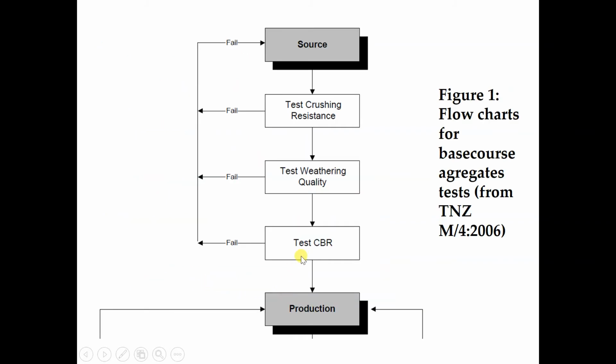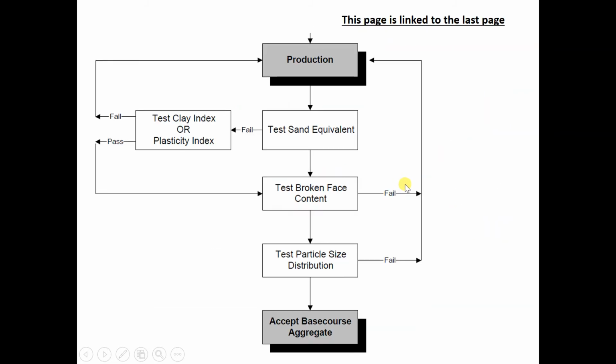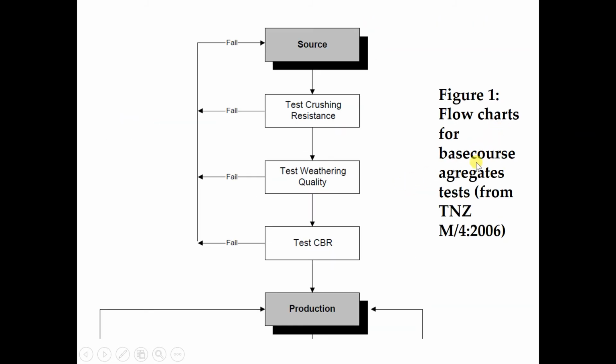Okay, these two pages are from the same chart. These are the flow charts for best cost aggregates tests from Transit New Zealand, the M4. This is from M4, from the quarry, the source. So you go to the crushing tests, these are the types of test: test the crushing resistance, test the weathering quality, test the CBR for the strength, and after that is production.